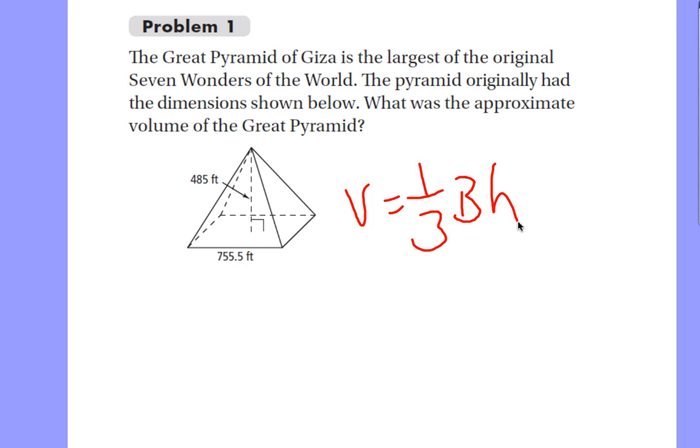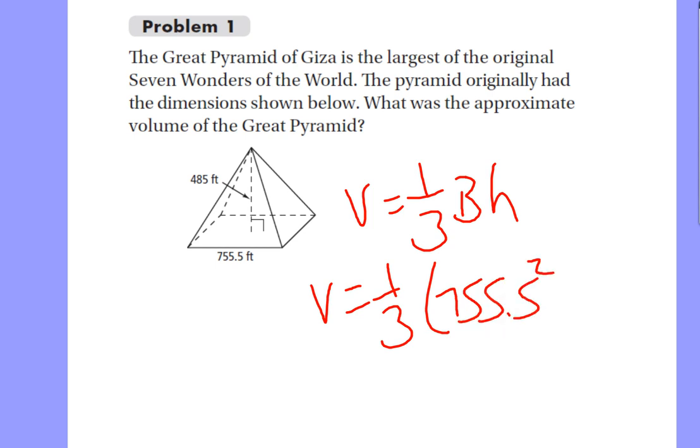So the volume here is going to end up being 1/3 times 755.5 squared times the height of 485. So the volume will end up being 755.5 times itself, and then multiply that by 485.